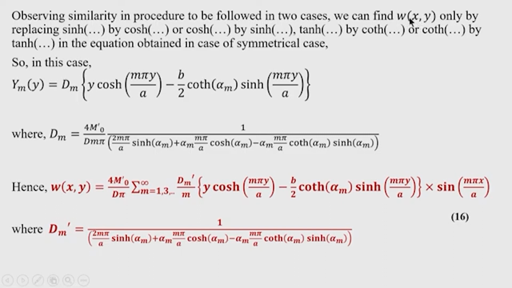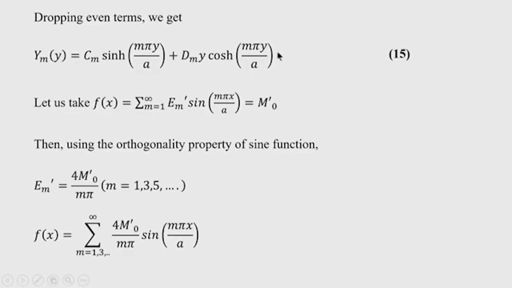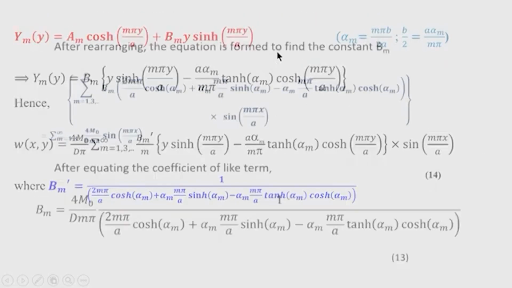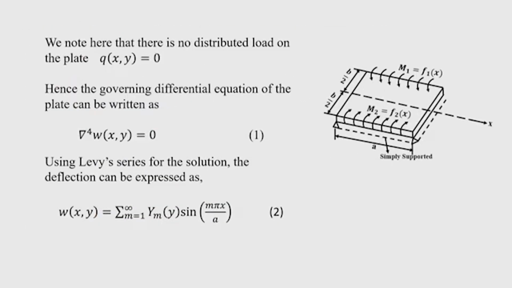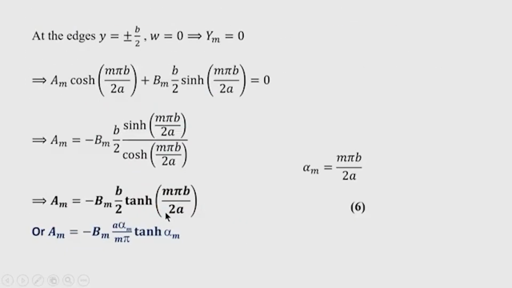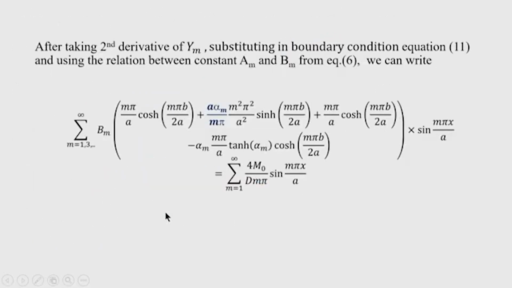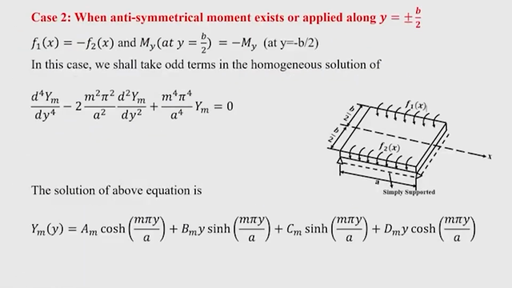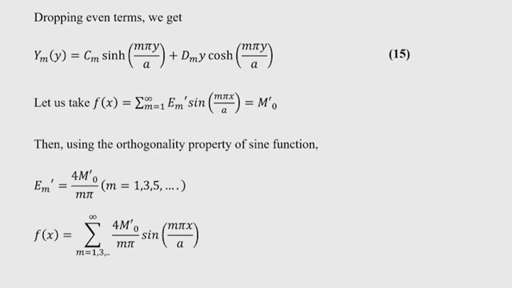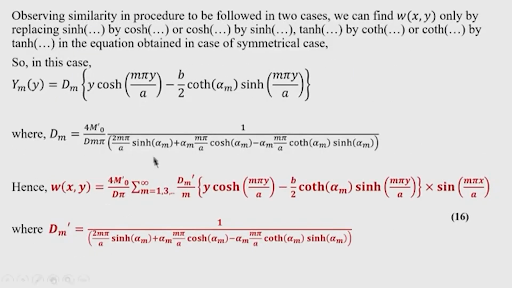The deflection w x y is your Levy series. As I showed first, y m contains the symmetric and antisymmetric terms. In the present case we are dealing with antisymmetric cases, so only the antisymmetric terms are of importance.